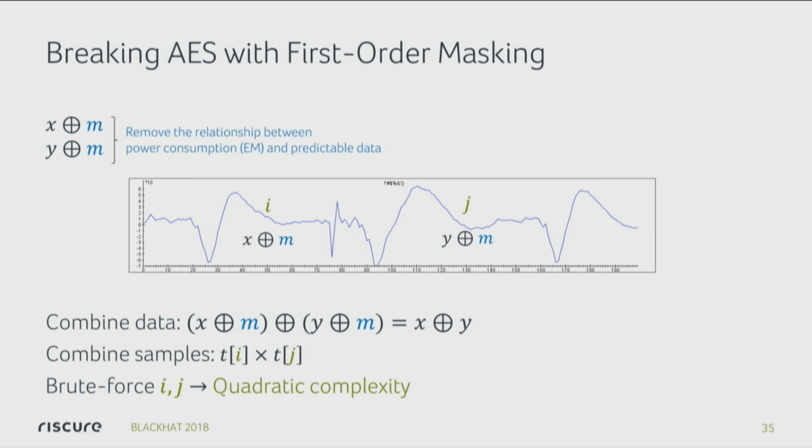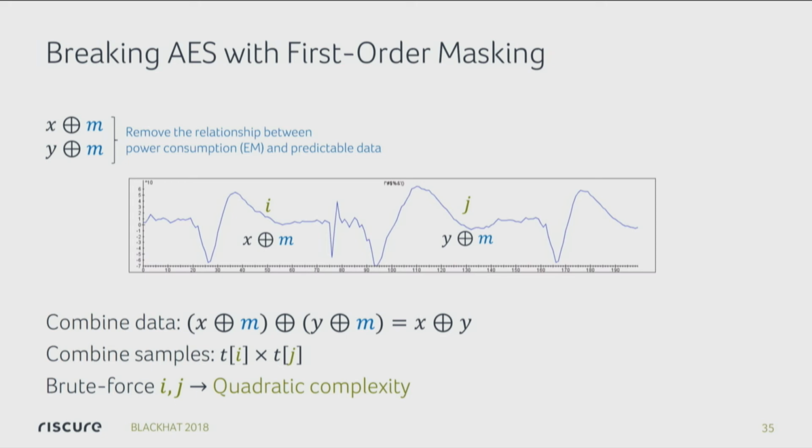The problem with this is that if I don't know where I and J are, where those 2 points in the trace are, I basically need to brute force through that trace, which is actually squared complexity. I'll fix that later. So it's n squared over 2 or so, where n is the number of samples in your trace. So it's quite costly. It's also costly to implement, by the way, to do this stuff.